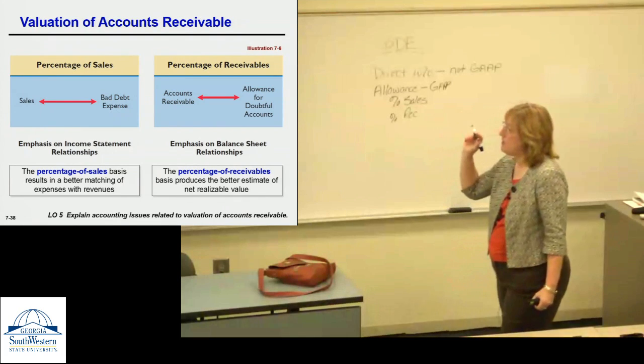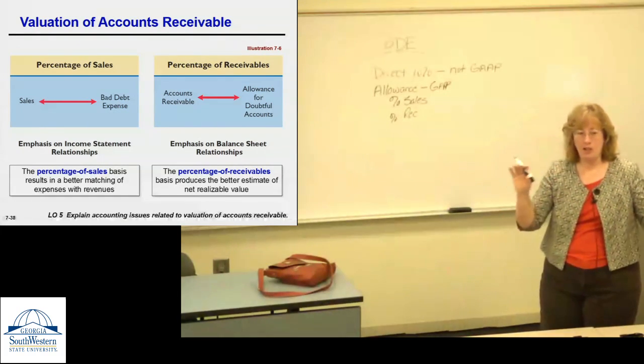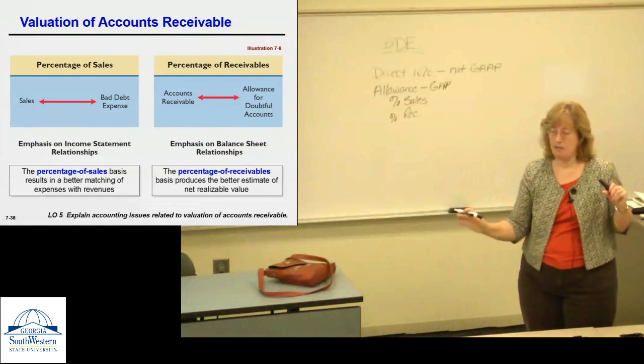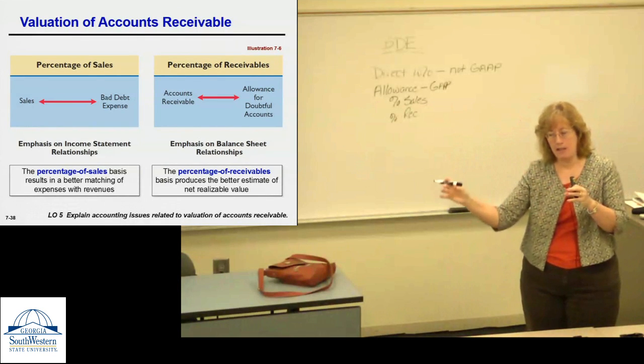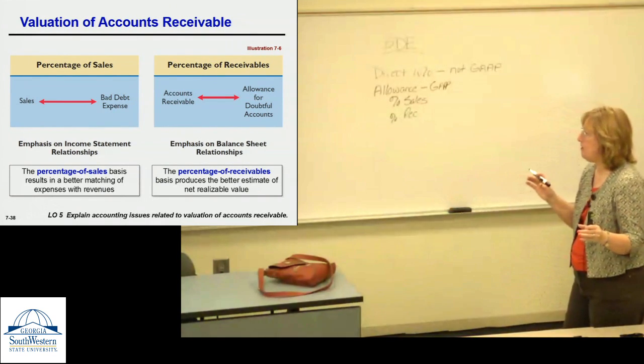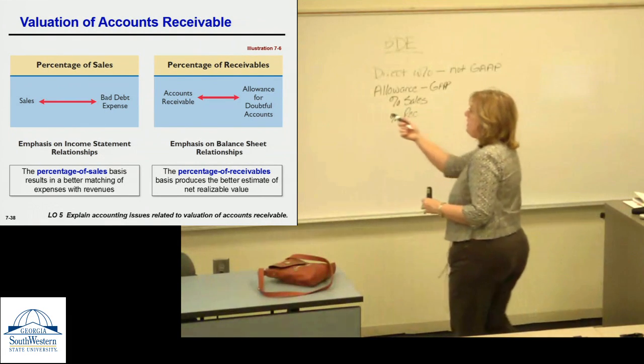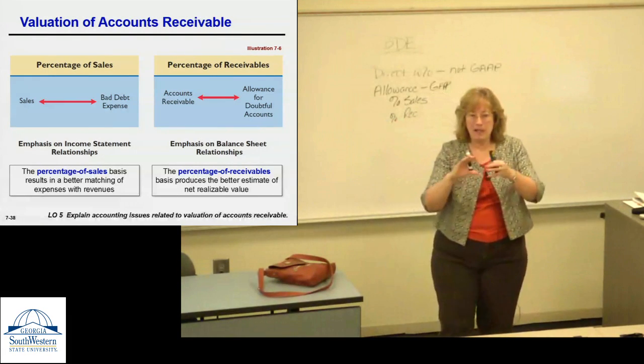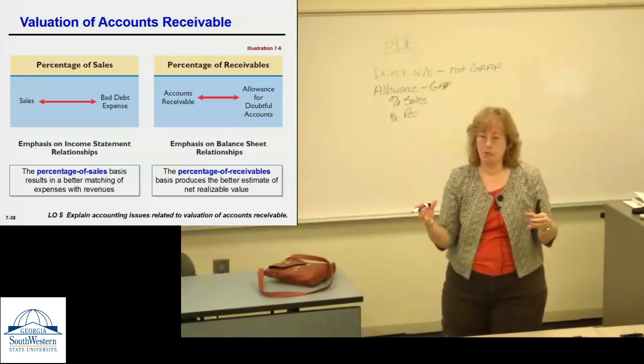In the percent of sales method, we're matching our revenues and expenses because we're basing our expense estimate on sales. It matches revenues and expenses better. But in the percentage of receivables method, we're basing it on the total receivables.